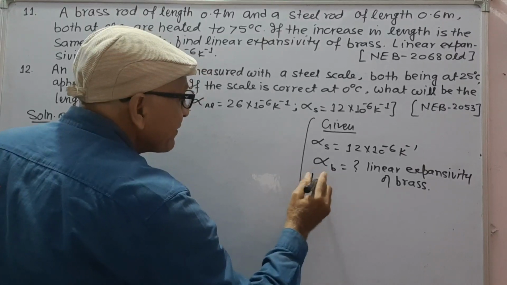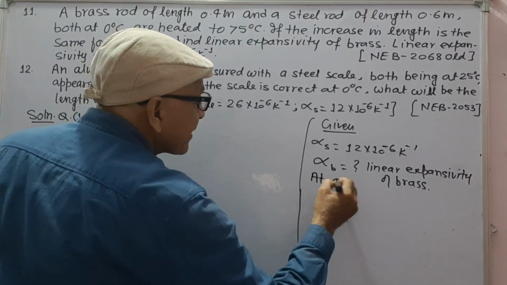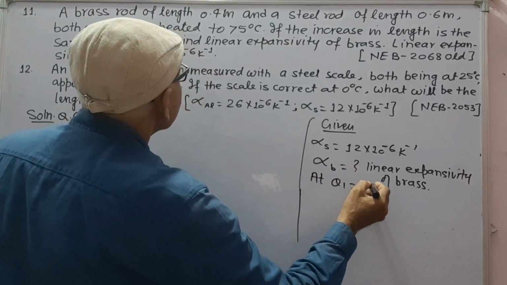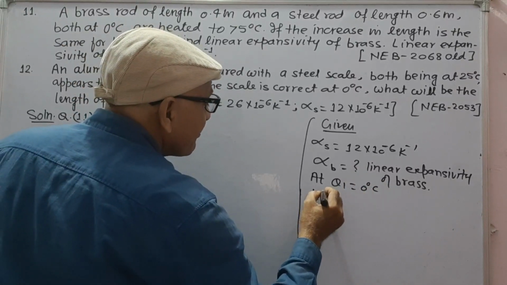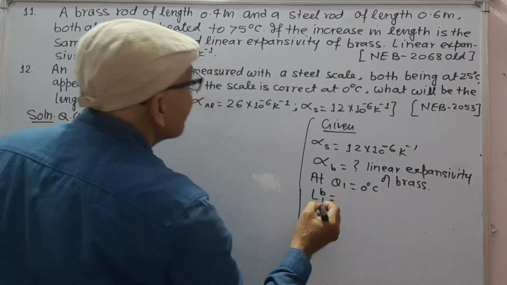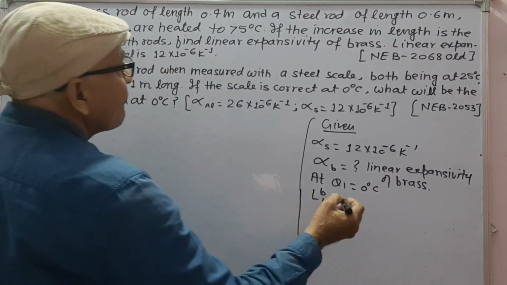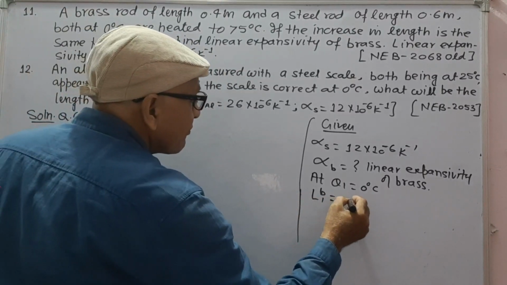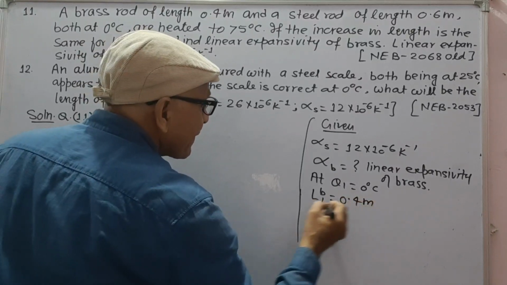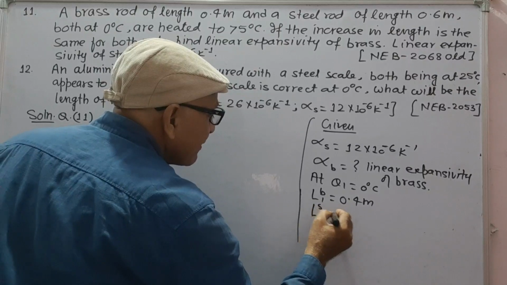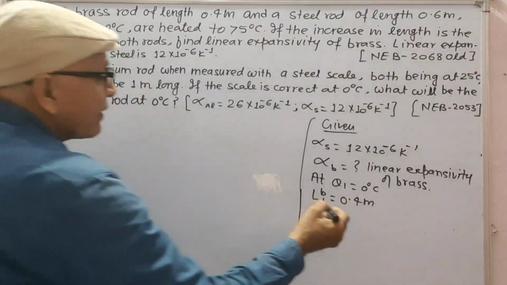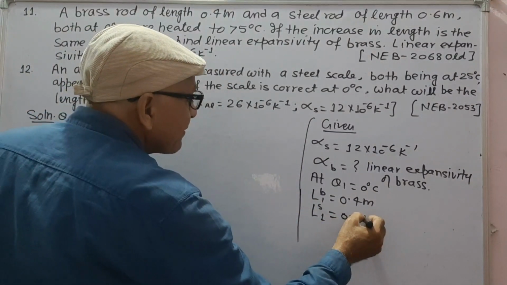At temperature theta 1 is equal to 0 degree Celsius, L1 of brass is given to be 0.4 meter, L1 of steel is 0.6 meter.